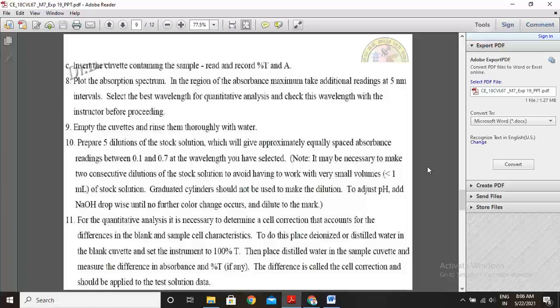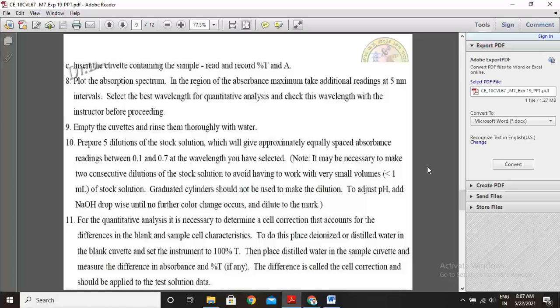Read and record percentage T and E value. Next step, plot the absorption spectrum. In the region of the absorption maximum, take additional readings, so that is repeated. So in the ninth step, empty the cuvettes and rinse them thoroughly with water.